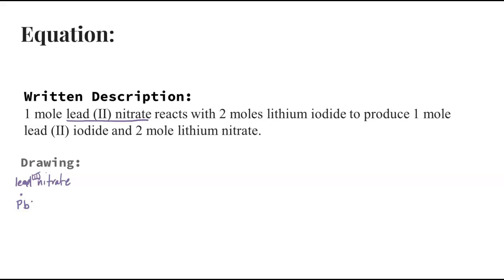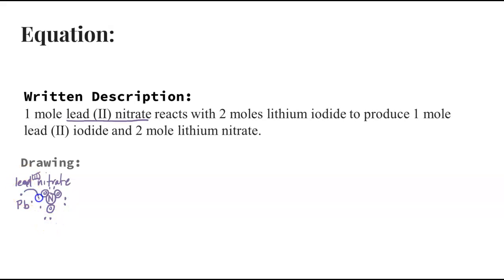I know that Roman numeral 2 tells me I have 2 valence electrons. Nitrate has an ate ending, so it's going to be on the polyatomic chart. And nitrate is going to have a -1 charge, which tells us it has 7 valence electrons.